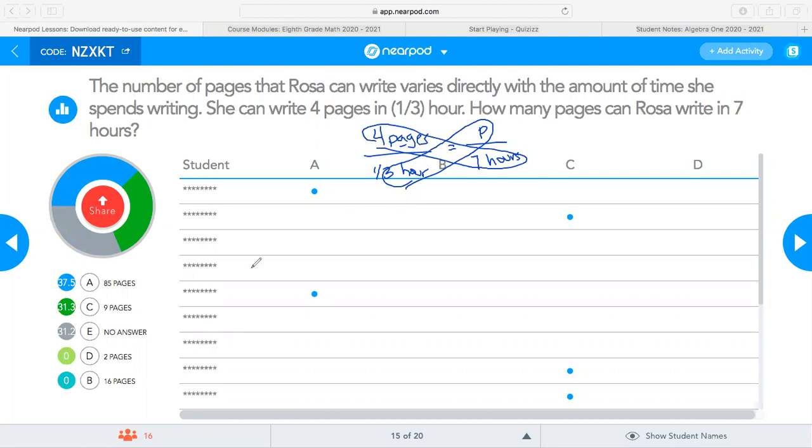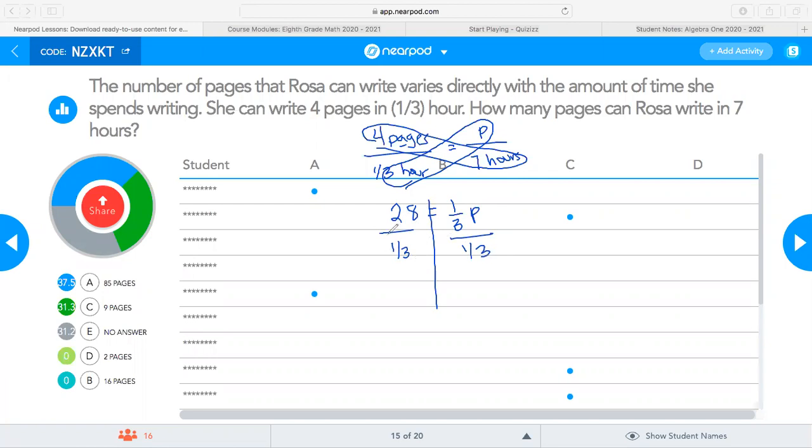Okay, and let's think about our answer as well. If I wrote 4 pages in 1/3 of an hour, how many can I write in 7 hours? Why would I be writing less pages or a very small amount of pages in that amount of time with a big jump in hours? So 4 times 7 will give me 28. 1/3 times P, I'm just using P to represent pages, is 1/3 P. From here, I would be dividing by 1/3.